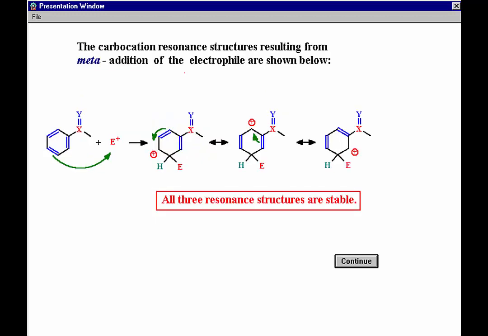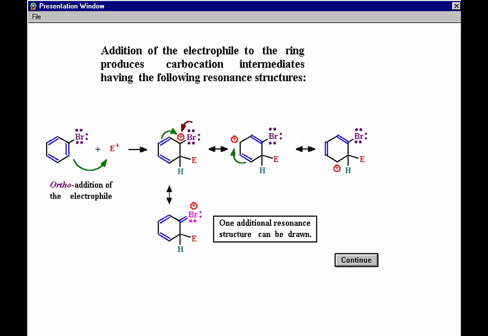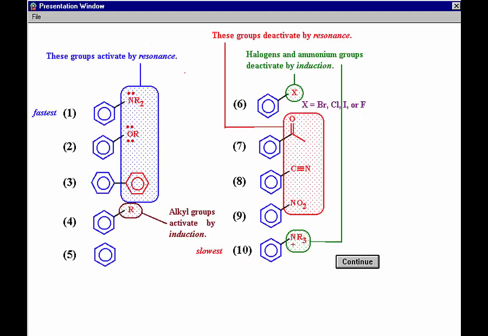Normally the meta had 3, that wasn't enough. But in deactivating groups, 3 is more than 2. And so with deactivating groups, the meta was the most stable intermediate. So electrophilic aromatic substitution went by the most stable intermediate. That's how it worked. Right? So that's what all this stuff would have been.